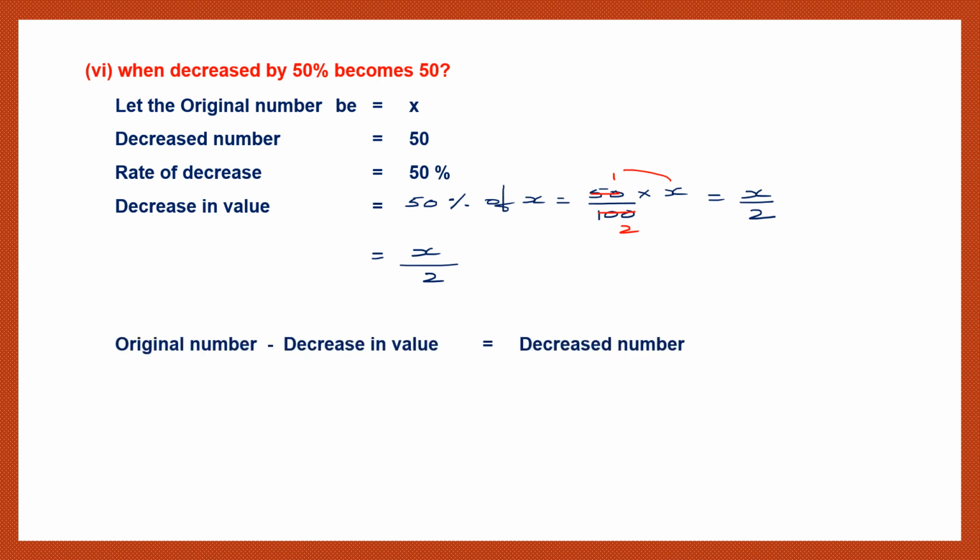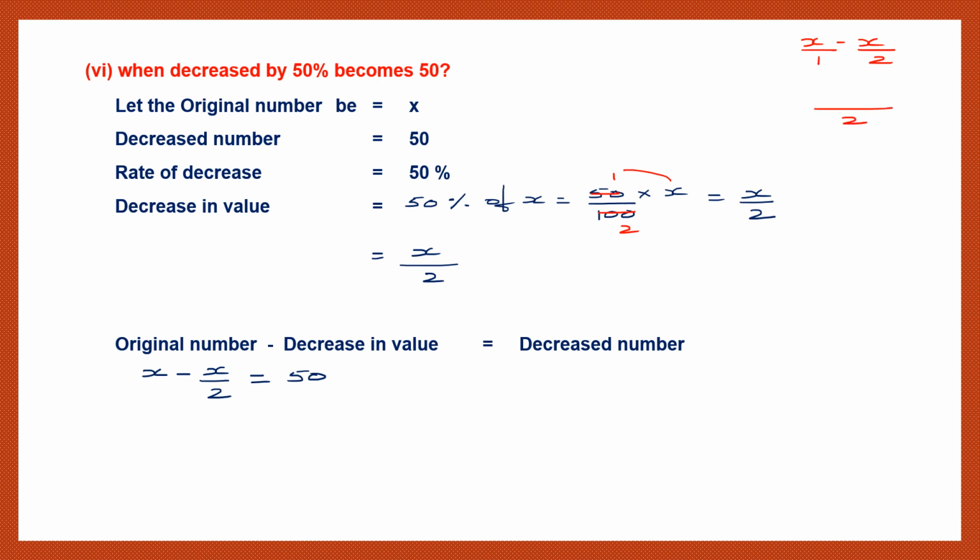So to find the original number, what do we say? The original number is x, we said, and we have to subtract the decrease in value. Now x by 2, and the decreased number is already given to us as 50. So substitute and write 50. Now let's work out x minus x by 2. So here the denominator is 1, LCM is 2.